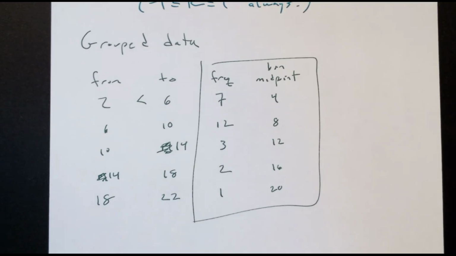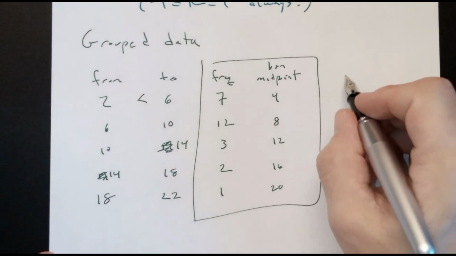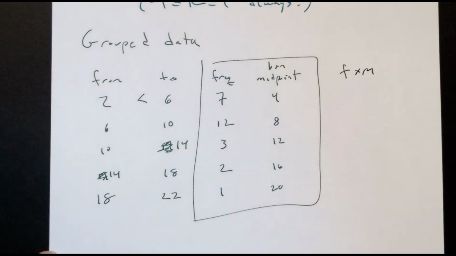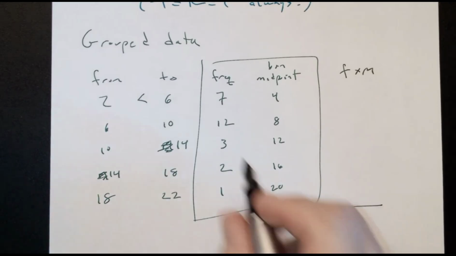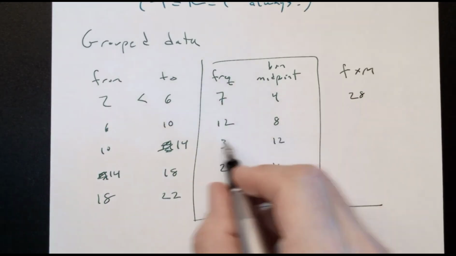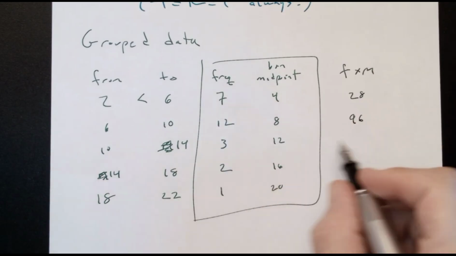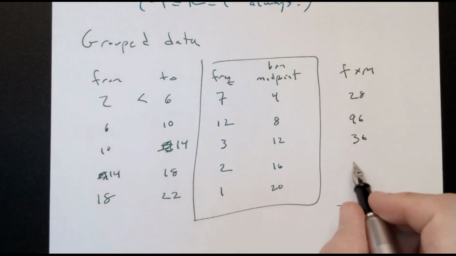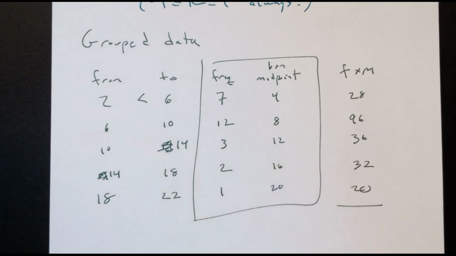I have 7 4s and 12 8s and 3 12s and 2 16s and 1 20. So I take the frequency times the midpoint, and I add those up. 7 times 4, 12 times 8, 3 times 12, 2 times 16, and 1 times 20.